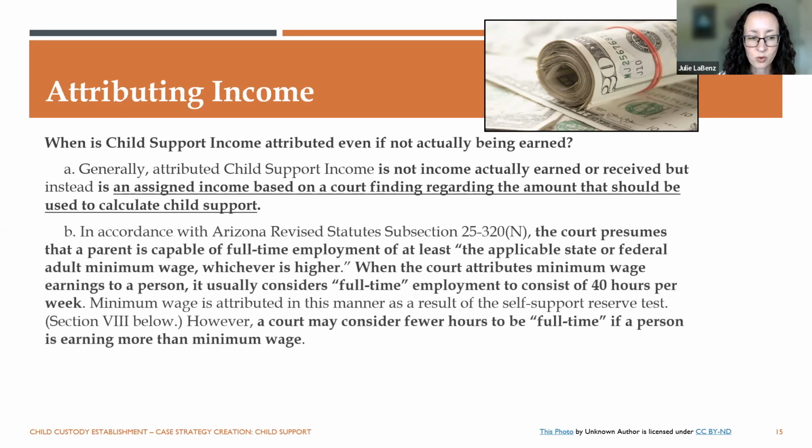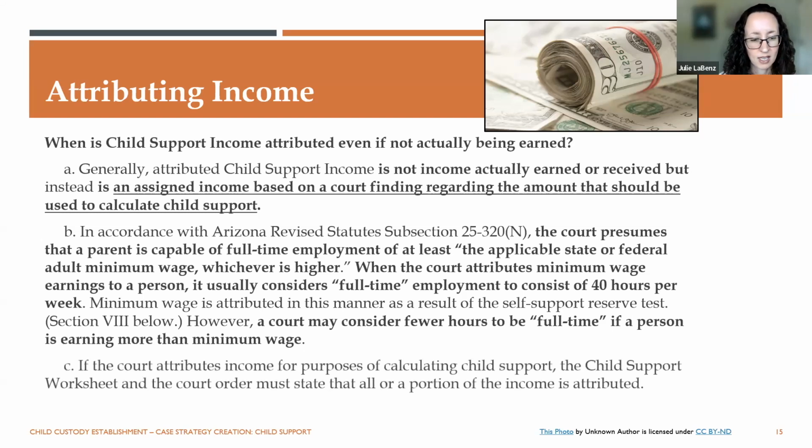So the court presumes that a parent is capable of full-time employment at least at minimum wage, either at the federal or state level, whichever is higher. When the court attributes minimum wage, it considers full-time employment to be 40 hours per week. The court could consider fewer hours to be full-time if the person is earning more than minimum wage, but the bottom line is that if a parent is unemployed or underemployed, the court can attribute the amount that they could be earning. And if the court attributes income, then that should be noted in the court papers.